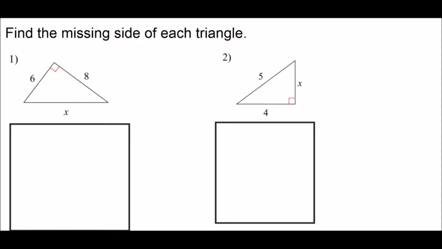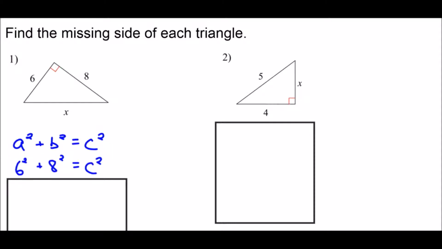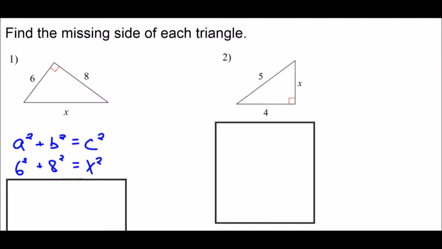So to find the missing side x, the Pythagorean theorem, a squared plus b squared equals c squared, can help you solve for a missing side. The 6 and the 8 are going to be the A and the B, and C will be x. So 6 squared is 36. 8 squared is 64.